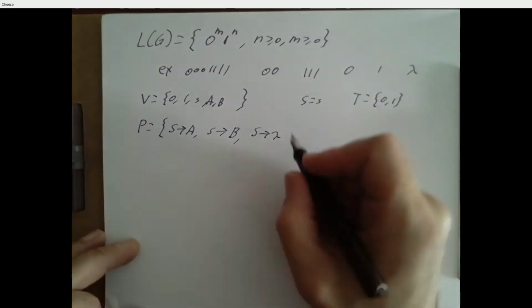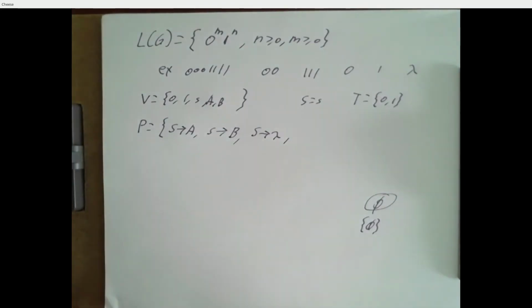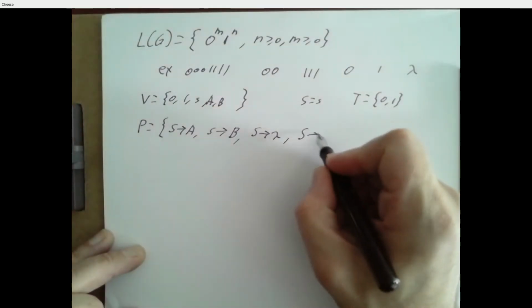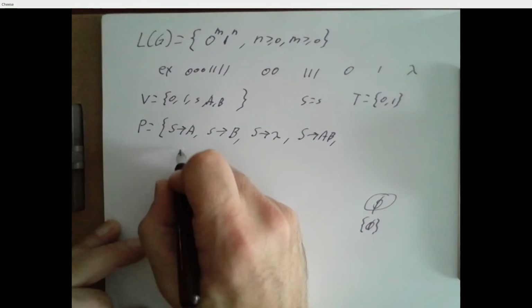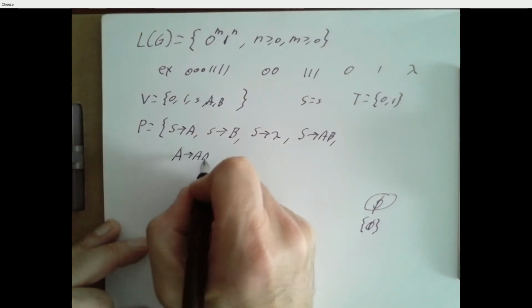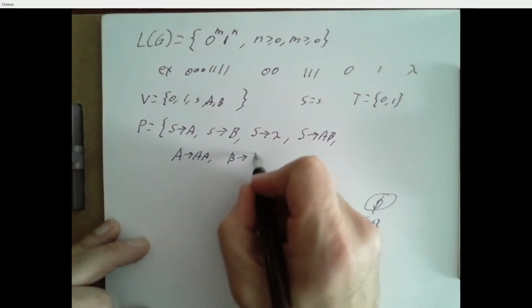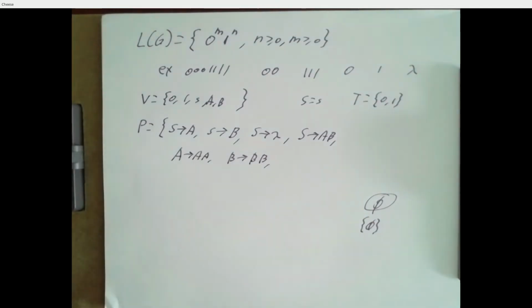It's a part of the language. S can go to AB. And then A can go to AA, and B can go to BB. This is sounding a little like Wednesday, which isn't bad.